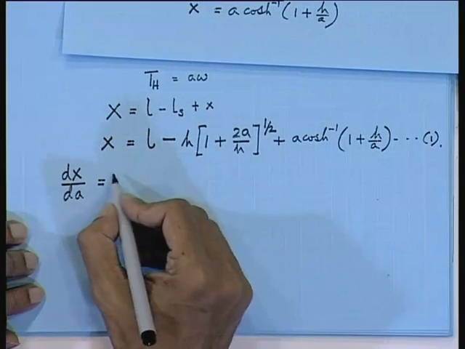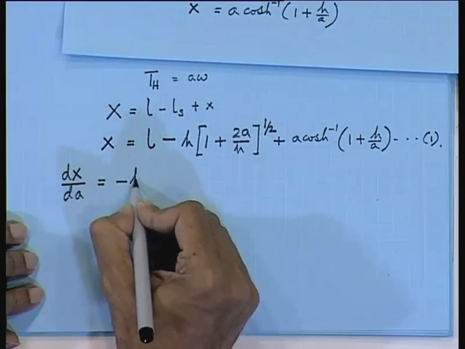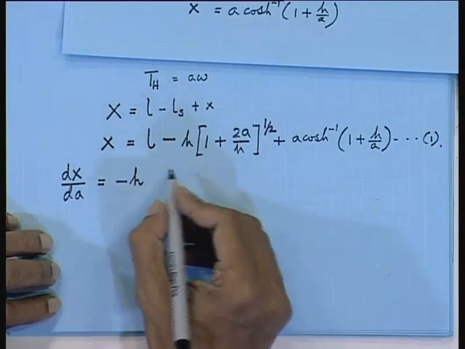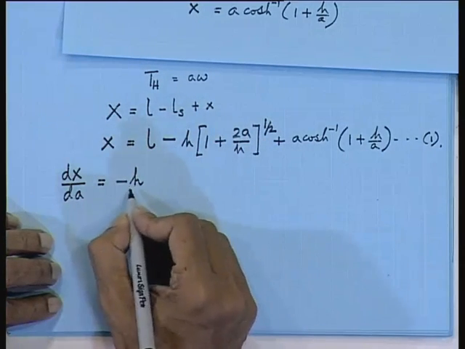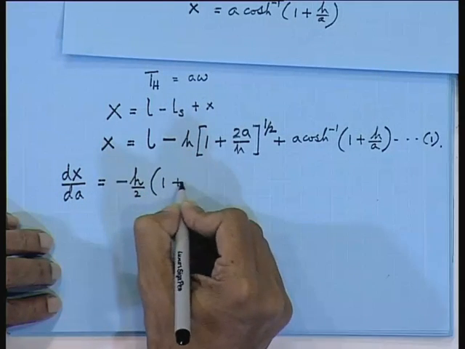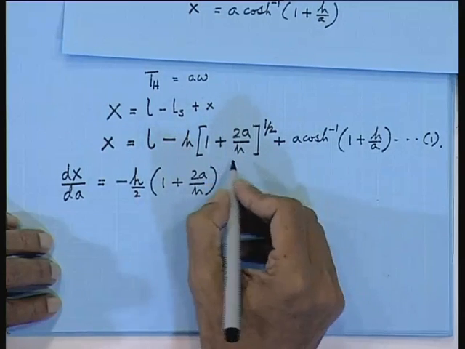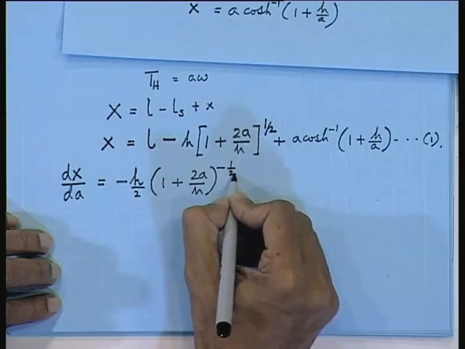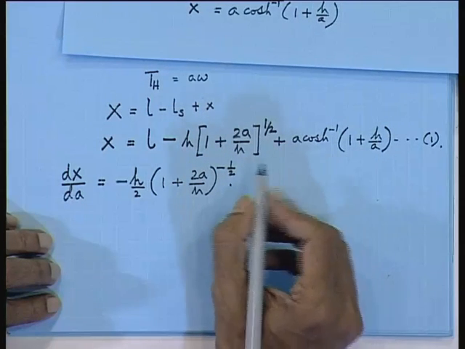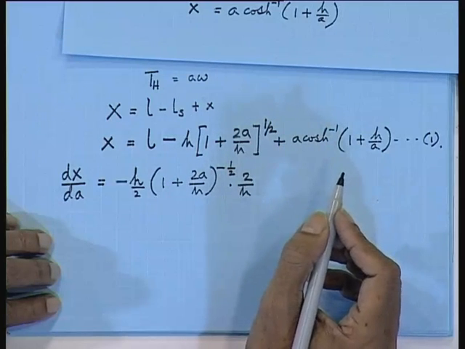H is the depth of water, so that is also constant, you can keep it out, but A is a variable. So, this will be half, divided by 2, multiplied by 1 plus 2A by H to the power minus half, multiplied by 2 by H.